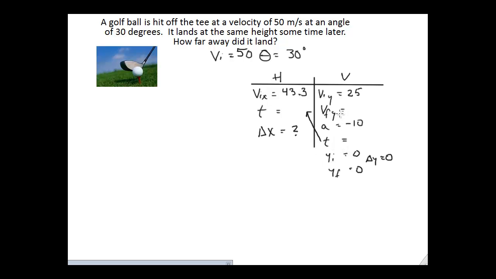So I need to find the time. No information about the final velocity, so this is this equation here. Delta y is 1/2 a t squared plus VIT. So 0 equals negative 5 t squared plus 25t. 5t squared is 25t.